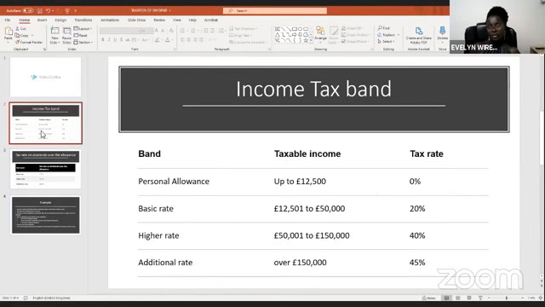If you are a basic rate taxpayer, your dividend tax will be 7.5%, and you only pay on the excess of dividend income over the dividend allowance of 2,000. If you're a higher rate taxpayer, it's 32.5%. And if you're an additional rate taxpayer, you pay a dividend tax of 38.1%.